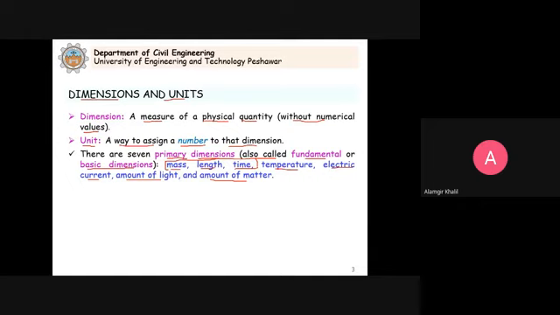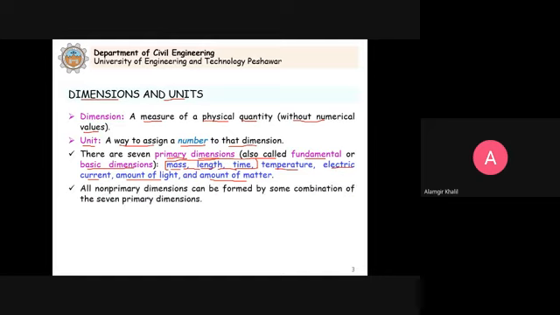These are also called fundamental or basic dimensions. Now, all non-primary dimensions can be formed by some combination of the 7 primary dimensions. So we can combine 2 or more of these to make other dimensions, and those are known as non-primary dimensions. We will study in detail.